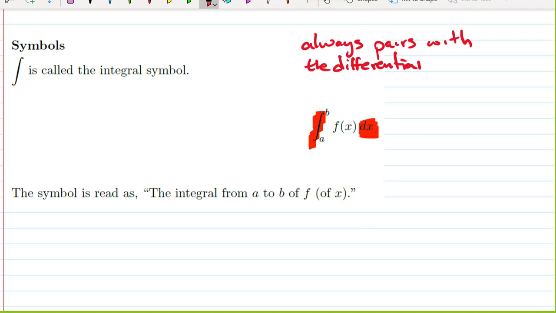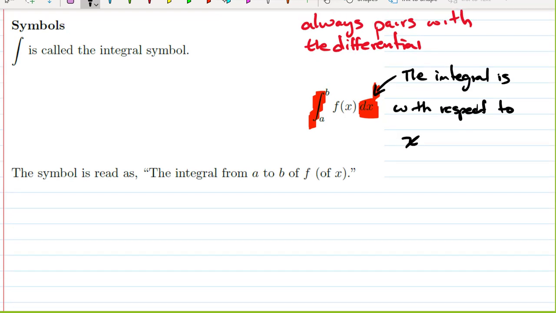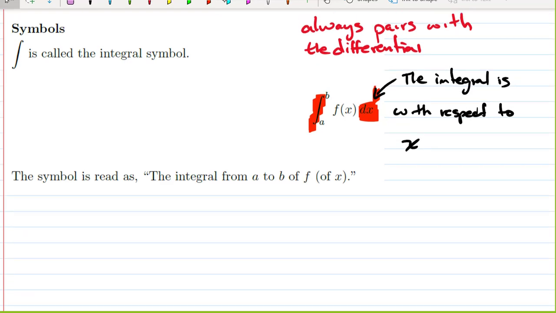But the first major reason is it tells us which variable we are integrating with respect to. So when we say dx, it means the integral is with respect to the variable x. The symbol is read as the integral from a to b of f of x, and sometimes we'll put on the dx as well.